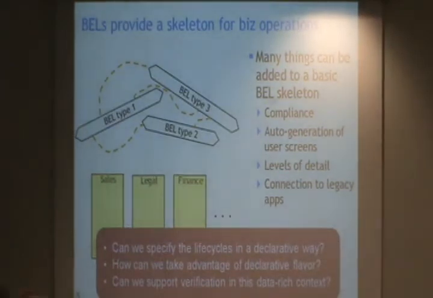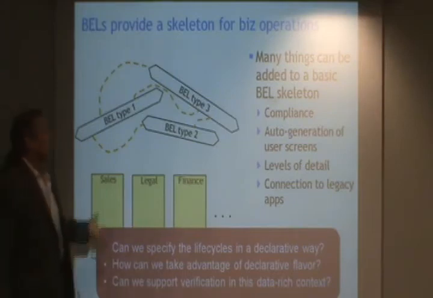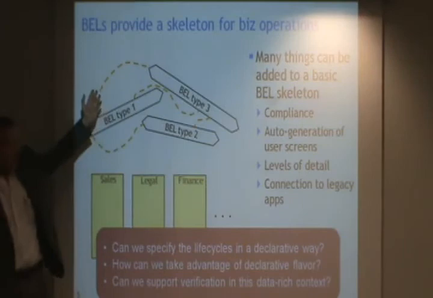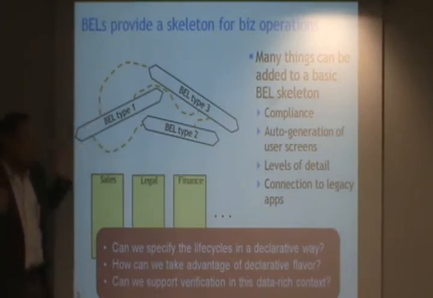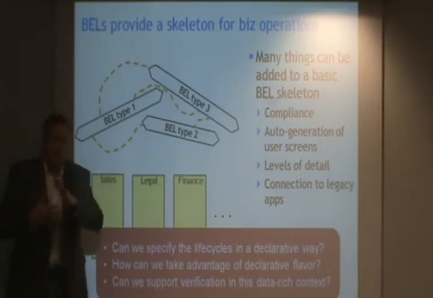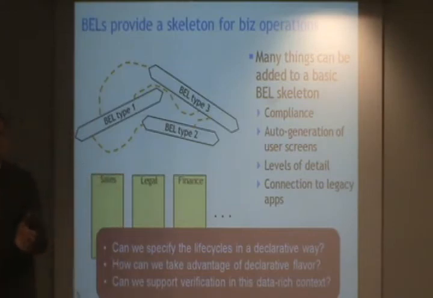Okay, now, this talk is about a project that we've been doing at IBM Research for almost 2 years. The first question is, can we specify the life cycles for these things in a somewhat declarative way? Most of the early work, or the first generation of work, has been on using finite state machines as the basic construct for the life cycles, or variations on finite state machines.